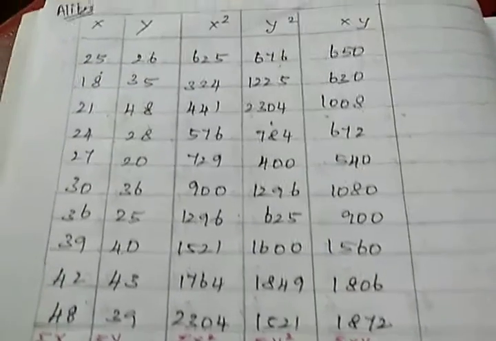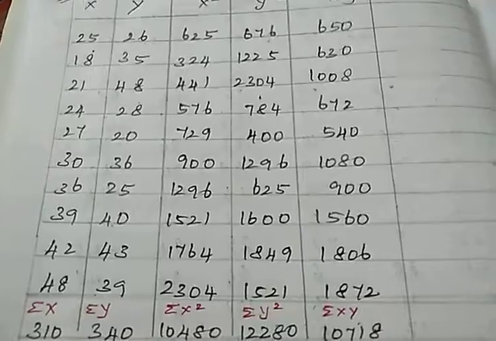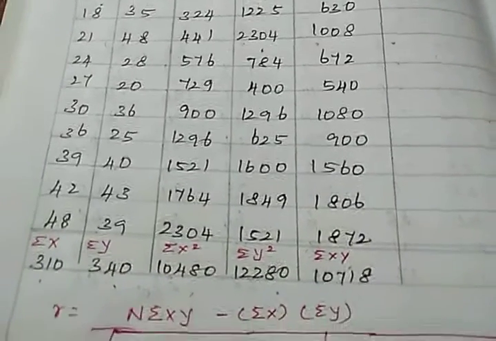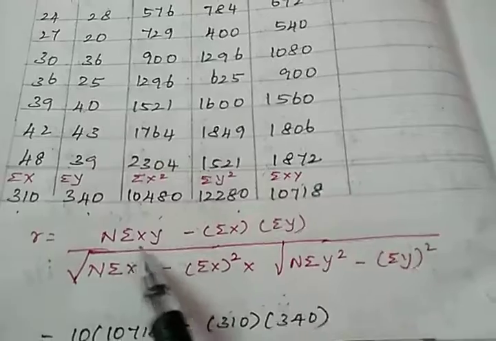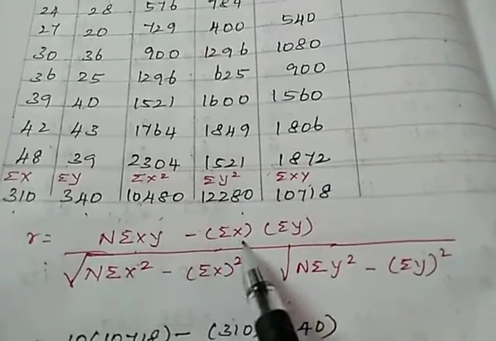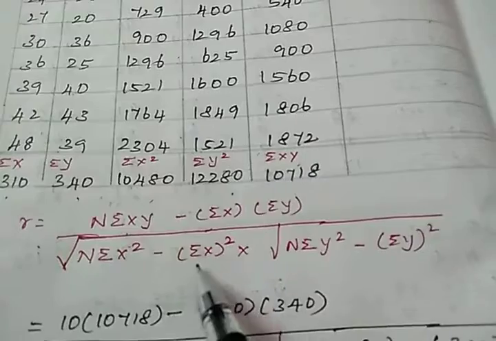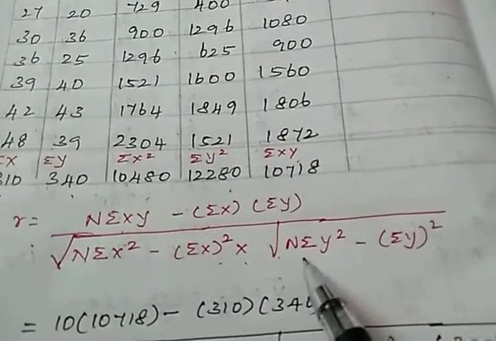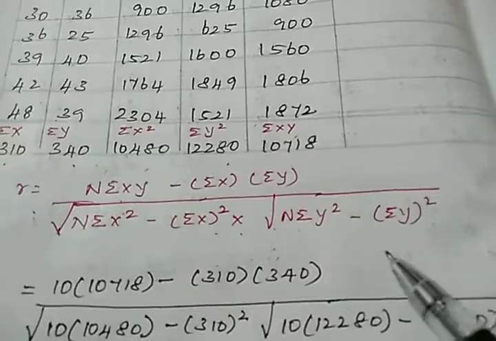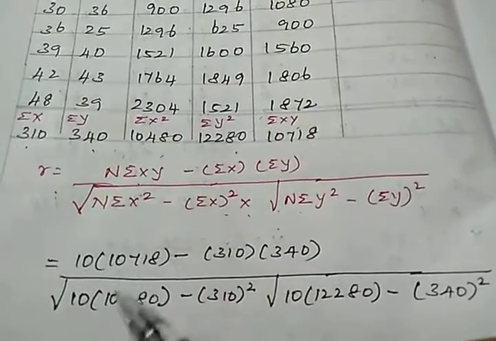Since it takes time, this is another method which we did for the first sum. I have done it directly and kept it for you. And the formula is this one. N into summation xy minus summation x into summation y, divided by root of n into summation x squared minus summation x the whole squared, into n summation y squared minus summation y the whole squared. N is 10, as you count the number of data.